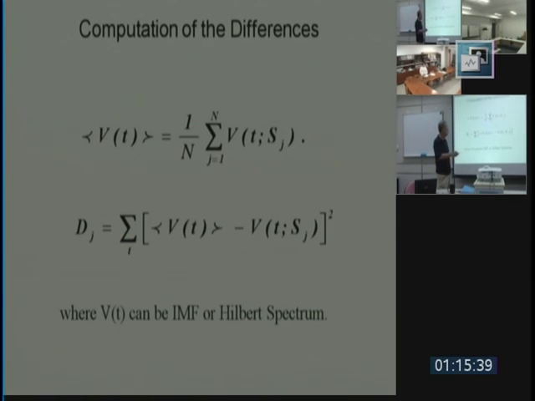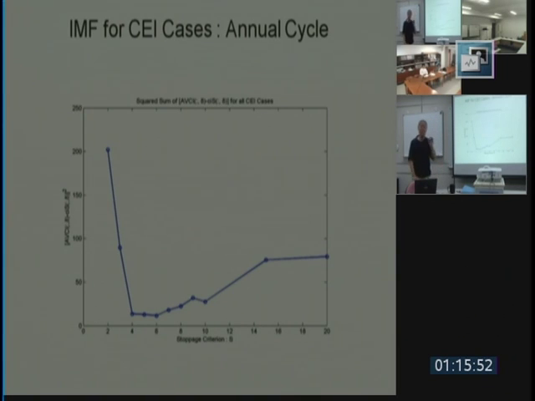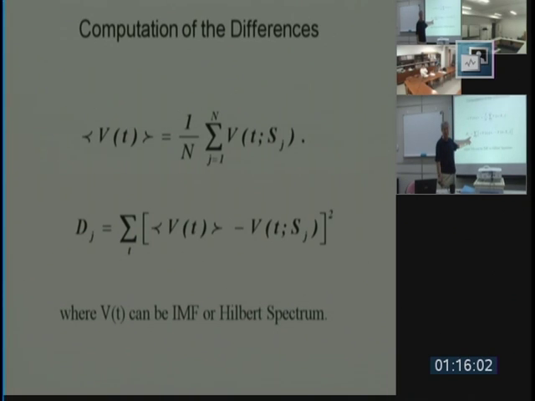Here, I'm treating the mean as truth. So with this logic and this assumption, I can look for the best sifting. Here is the stoppage criteria, and I computed the difference, as I defined here.